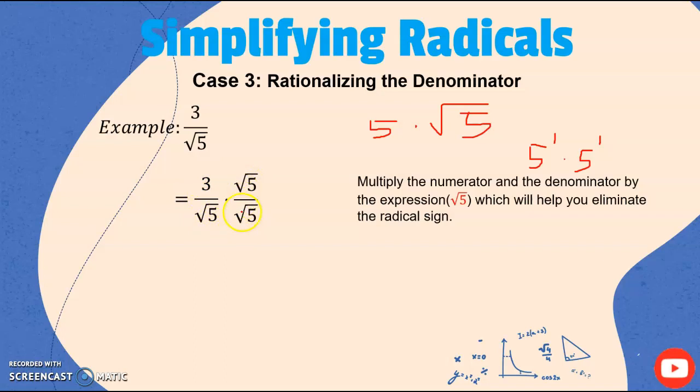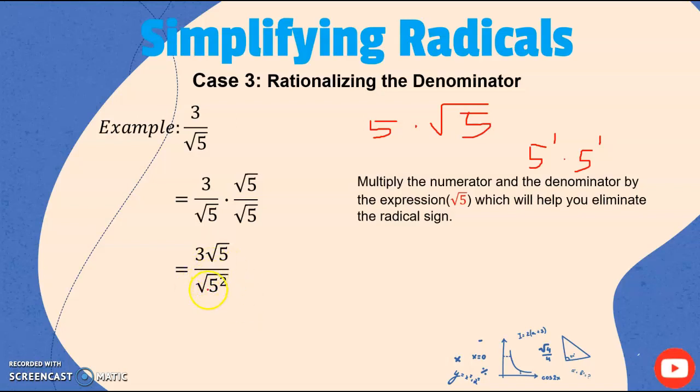Is this legal? Is this okay? You're multiplying something. Take note, this is just equal to 1, so that's okay. That's not a problem because they have the same value in the numerator and the denominator. Now, when we multiply them, the numerator doesn't contain a radical, so you just copy the 3 and put it together, and then the denominator becomes 3 square root of 5 over square root of 5 squared.